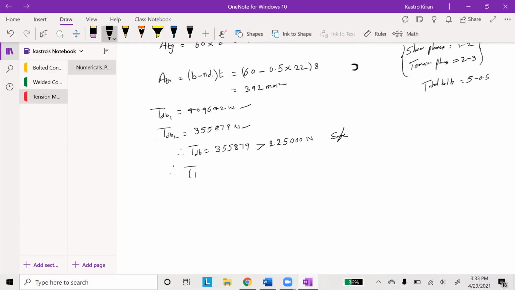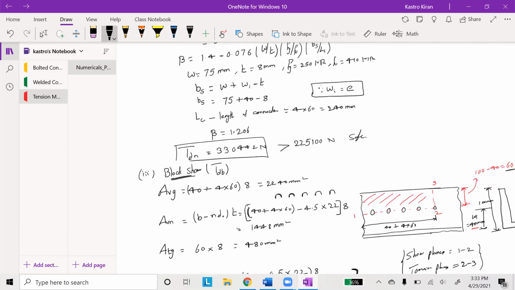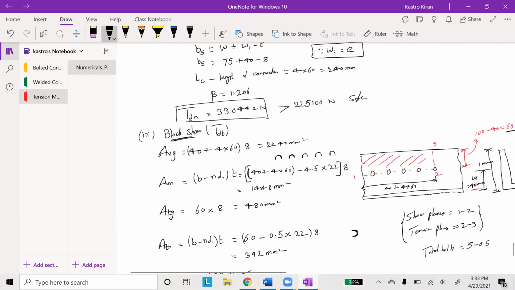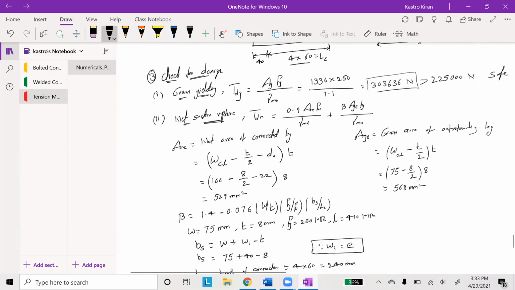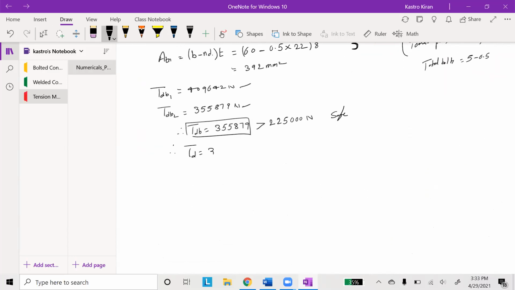Therefore, T_d equals the least of T_dg, this is one value, T_dn, this is the second value, and the third value is this one, T_db. So just write down the least value among 303, 330, and 356. So the least value will be 303636 newtons.